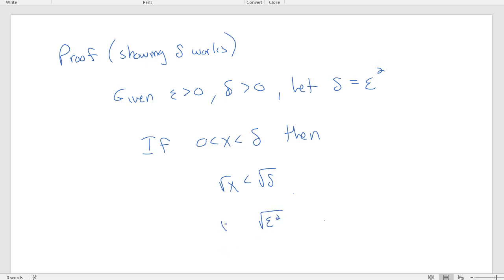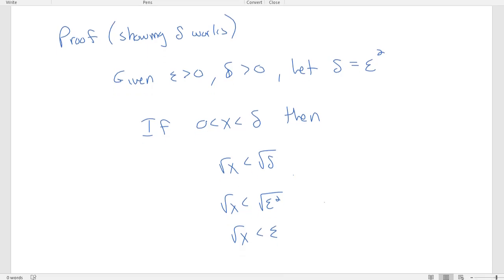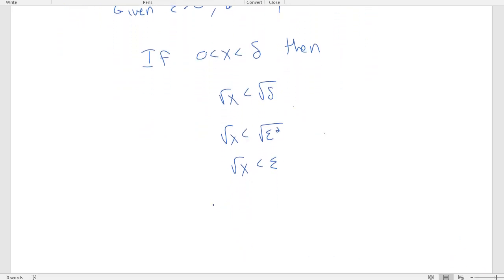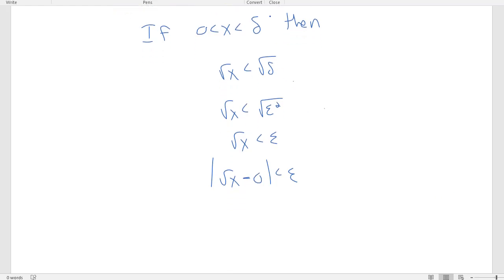So I have the square root of x being less than the square root of epsilon squared, so the square root of x is less than epsilon. Remember, the square root of x is my f of x minus 0 being less than epsilon. So we have proven that if x is less than delta, where delta is epsilon squared, then my f of x is less than epsilon.